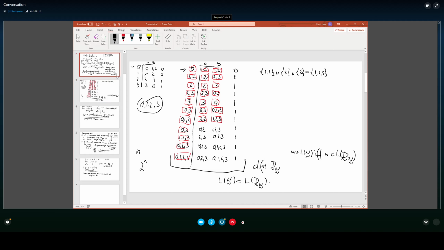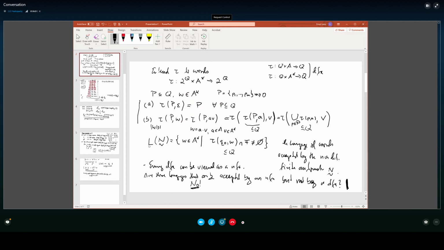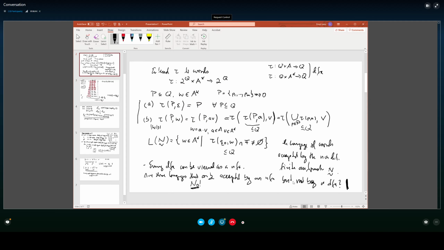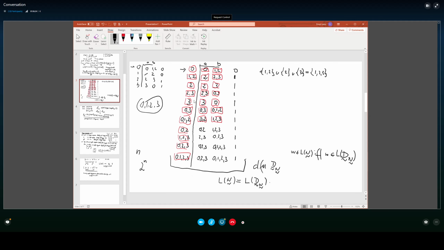This follows directly from the definition of L of N, where we say this is a set, and all the sets that we get are these, nothing else. Then we test whether that set contains at least one final state, meaning that the intersection of that set with the final states is non-empty, and that's exactly what determines whether there is a 0 or a 1. Is that clear? Yes. Good.